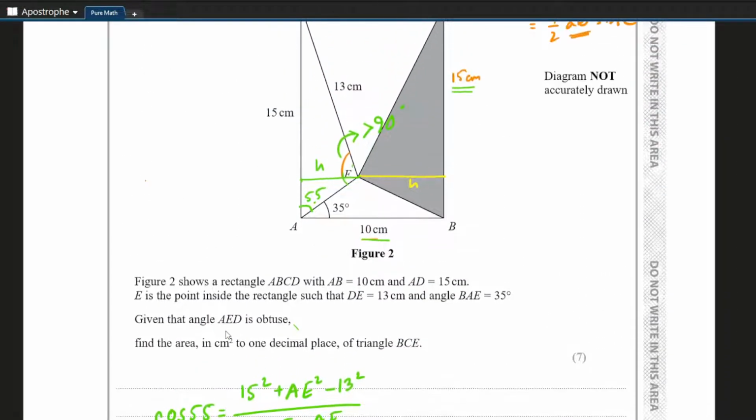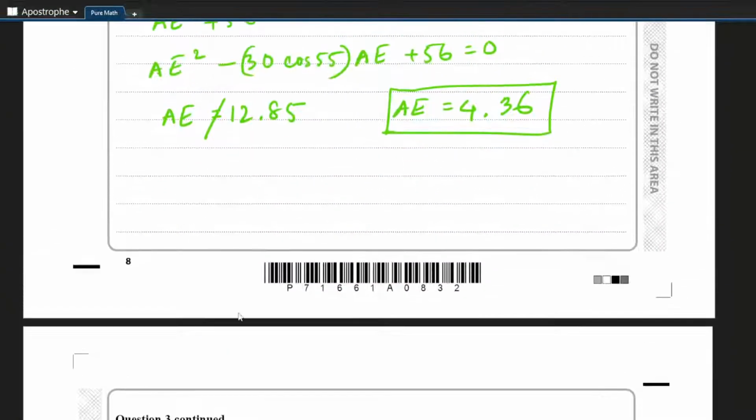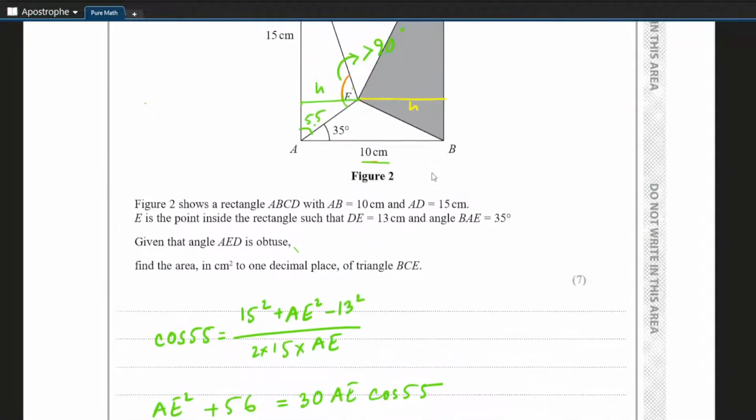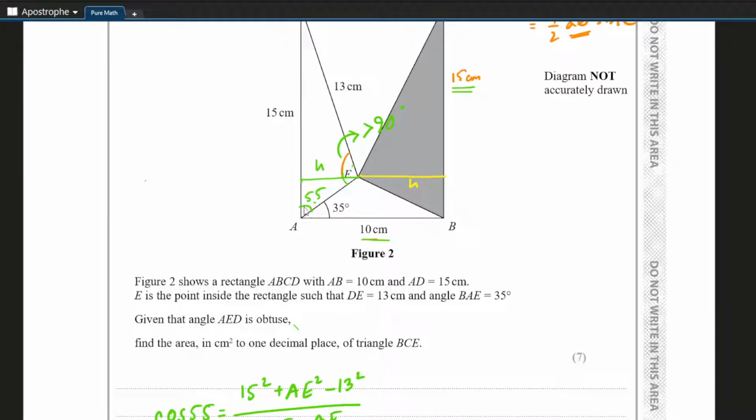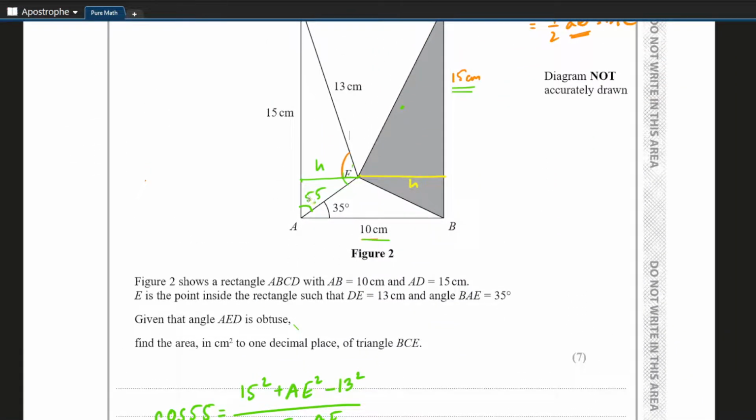Since we have AE, we could use sine rule. Let's find AE using sine rule. For that we need angle E. So if we want to find angle E, there is an alternate way to find AE.